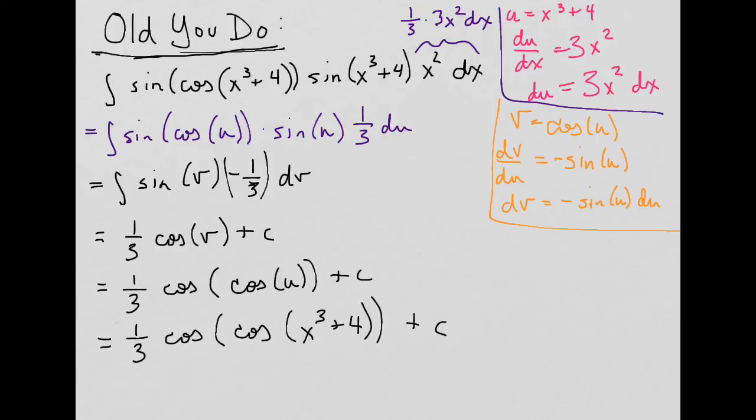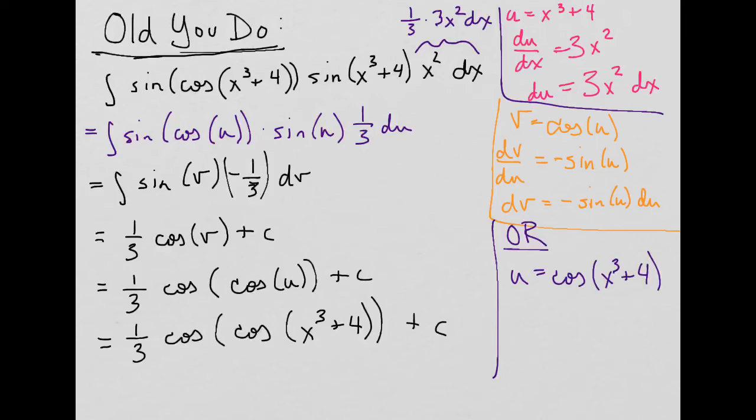Now, what we could have done, if we wanted to do a single step, and I challenge you to this, or you might want to try this, set your original u equal to cosine of x cubed plus 4.